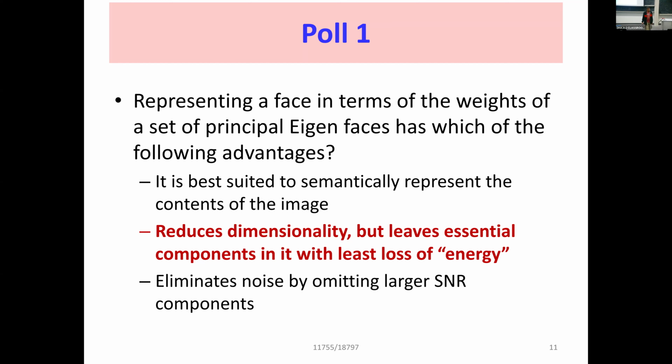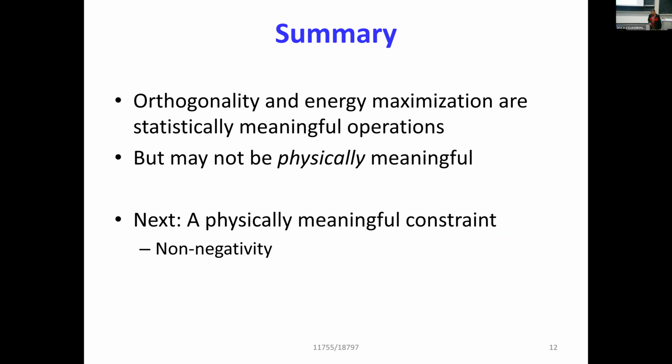The rest of the 2 properties don't necessarily hold. And so orthogonality and energy maximization are statistically meaningful operations, but may not be physically meaningful. And so today we're going to look at a physically meaningful constraint because we want semantics.